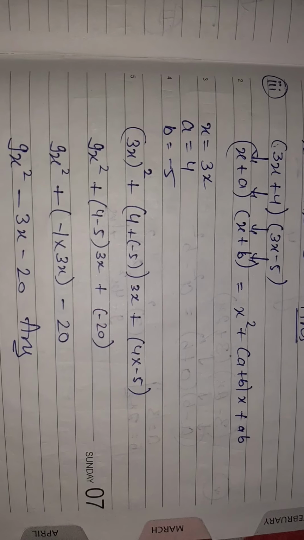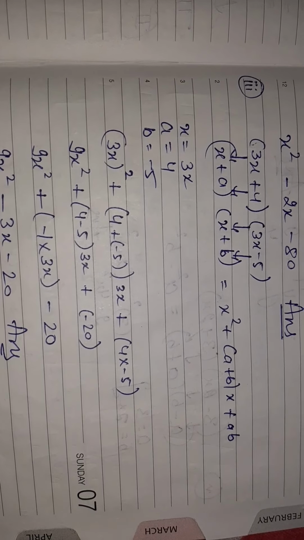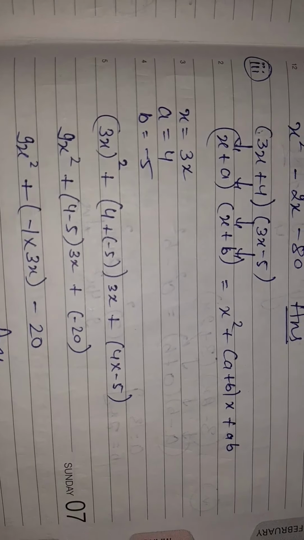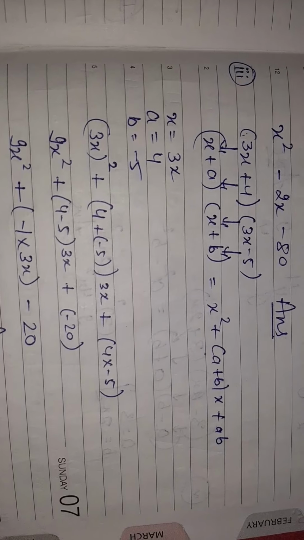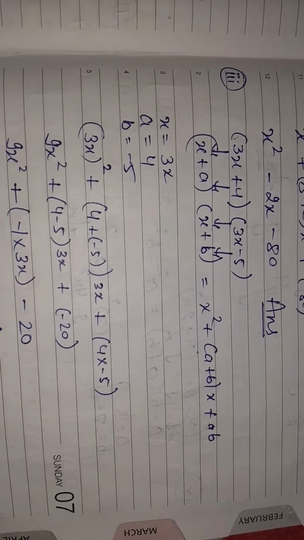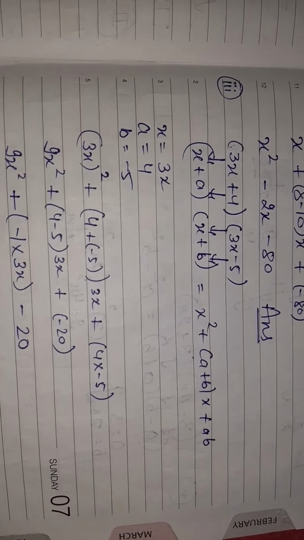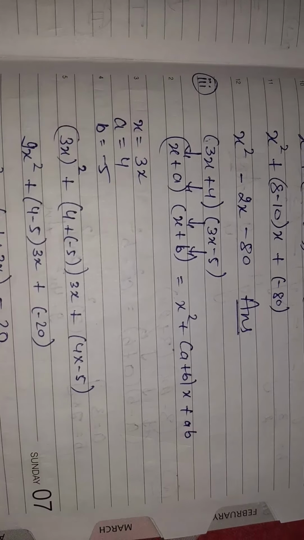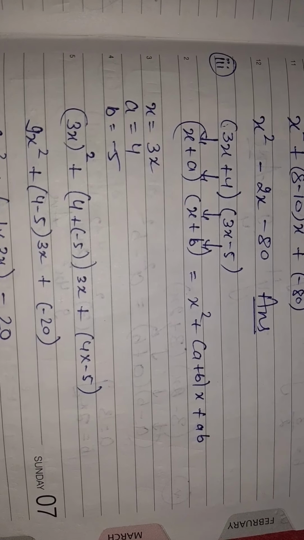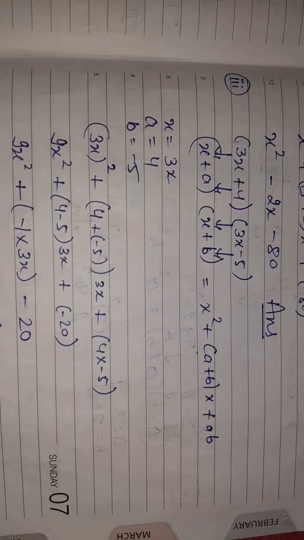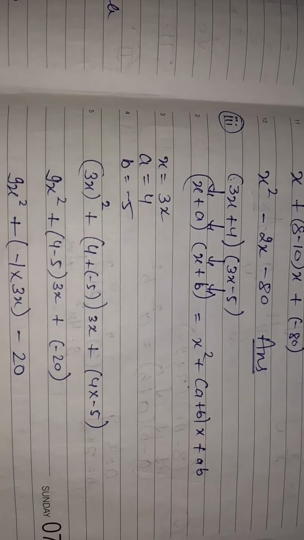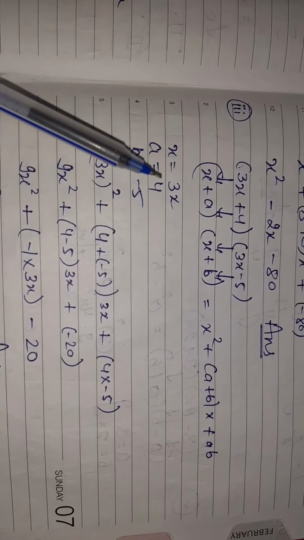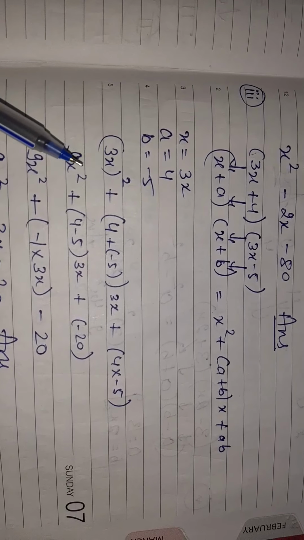See the third part. (3x + 4)(3x − 5). Here x is 3x, a is 4, x is again 3x as we can see, and b is minus 5. Got it? Yes or no? So x is 3x, a is 4, b is minus 5. Put the values.